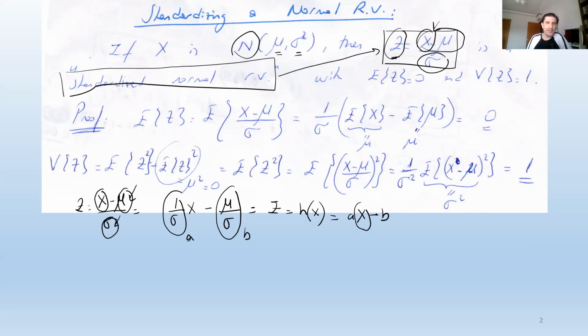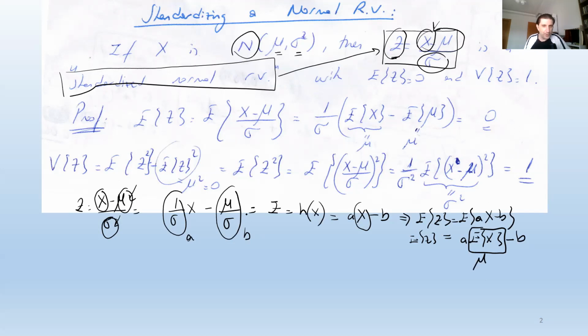The expected value of Z, there is a very short proof here, but you can easily show it. Let me just go over the expectation operator. When you apply the expectation operator on Z, which is AX minus B, it is going to be simply equal to A times the expected value of X, minus B. This is the expected value of Z. Now we know that the expected value of X is equal to mu.